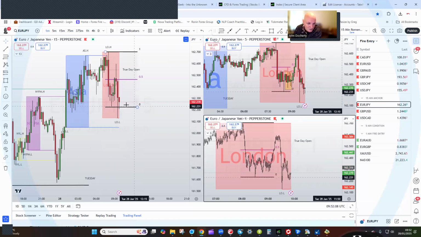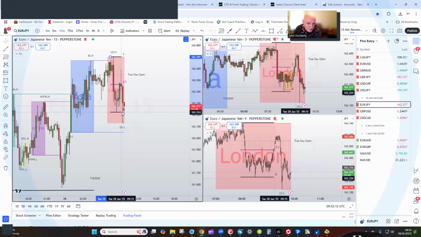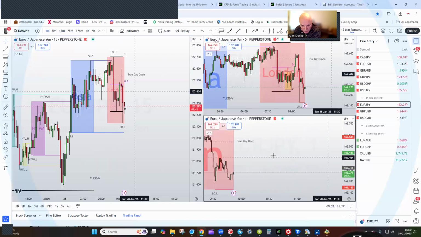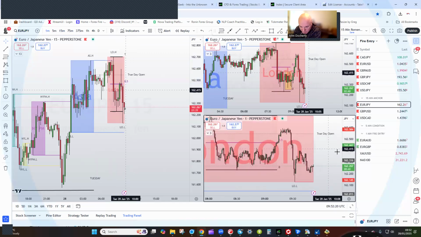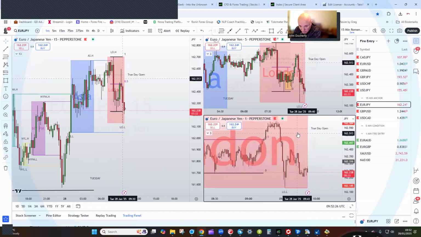Again, we come down. That would have been a displacement there, coming back in. We'll come back up and touched. We were looking for bullish followed by bearish engulfing. Okay, there's a touch. There's the bullish. There's the bearish engulfing there.